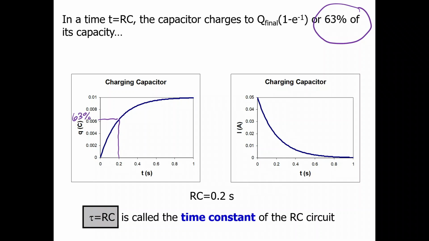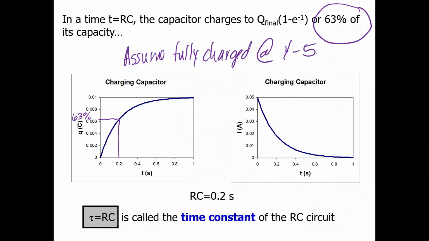Now, why that's significant is because we assume, since there's an asymptote, that we are fully charged at 4 to 5 tau.